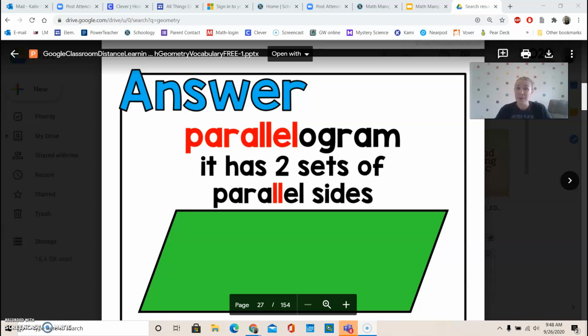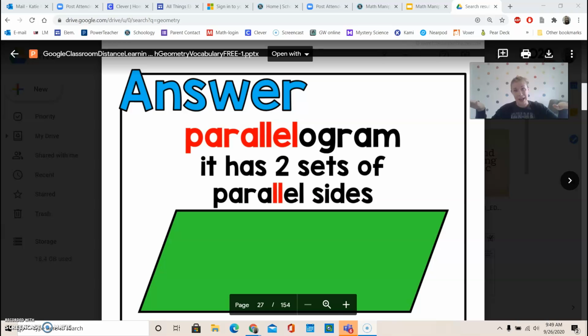So if you look in the picture right there, you can see that both of those sides of the parallelogram have parallel lines. Parallel lines are lines that never touch. They go on forever and ever and ever. Remember the vocabulary word that we learned, lines? Remember, lines go on forever in both directions.